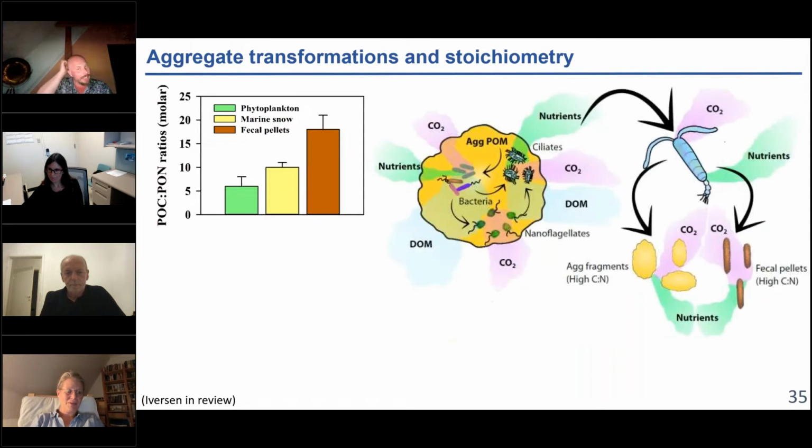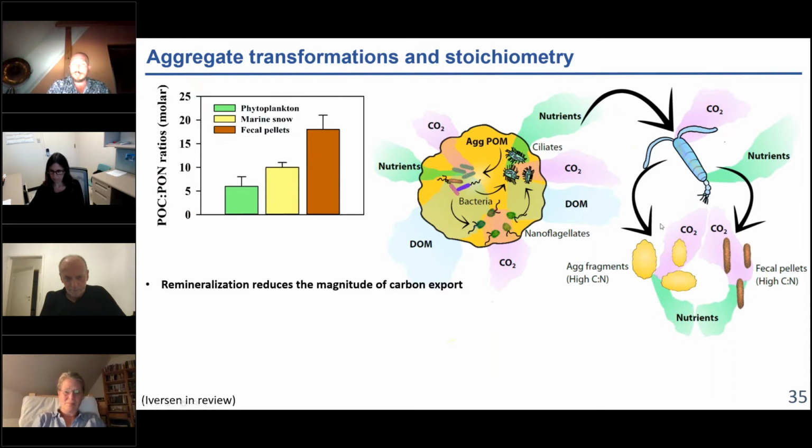So when they're sinking down, you also get the zooplankton feeding on them. And what we really find is that typically in fecal pellets and aggregate fragments, you have high carbon to nitrogen. So when you get all these trophic levels, you're sinking out carbon-rich but nutrient-poor aggregates, and you leave the nutrients behind in the surface.